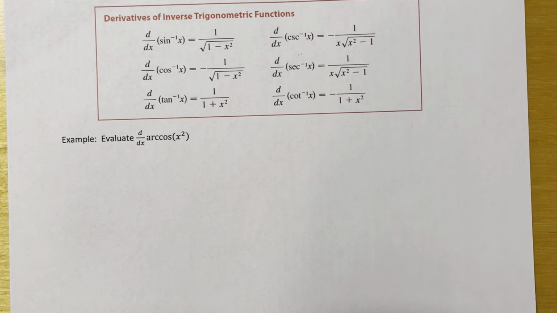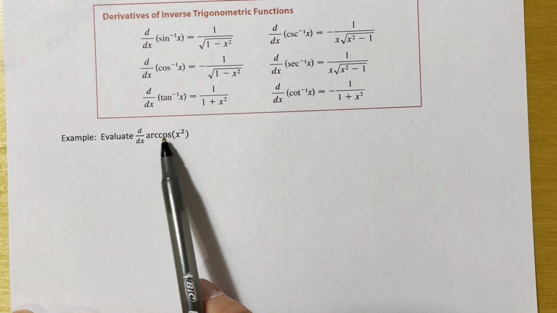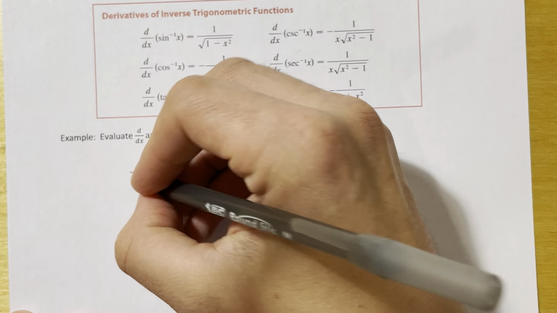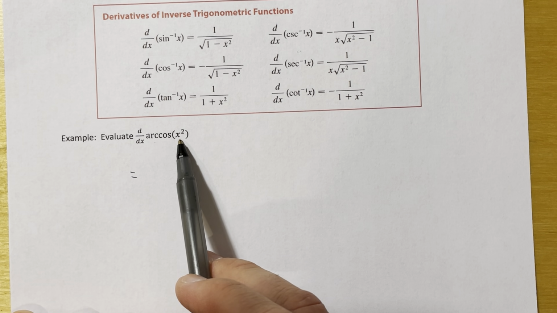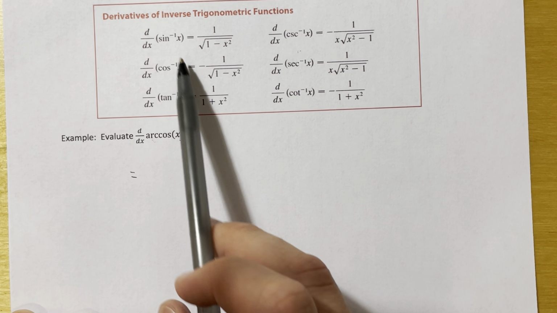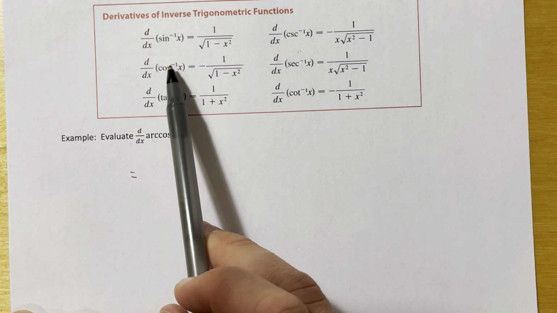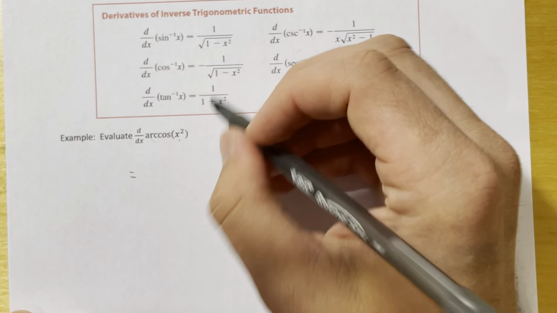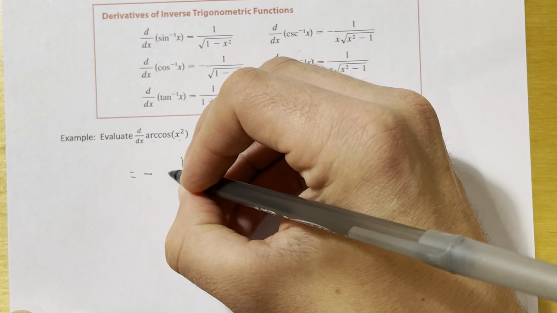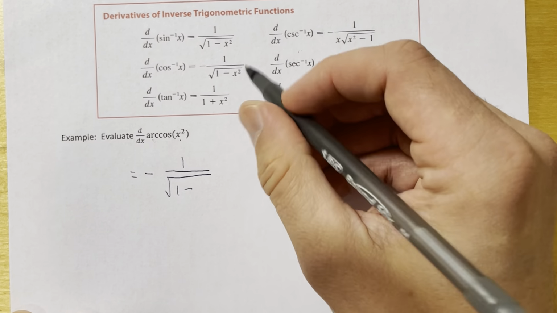So to wrap things up, I want to do one example where I'm finding the derivative of the arc cosine of x squared. Okay, notice that this is a composite function, so I need the chain rule. The derivative of the outside, the derivative of arc cosine, would be the same thing as the derivative of inverse cosine. This is just alternative notation for that. And according to that, that's equal to negative 1 over the square root of 1 minus x squared.